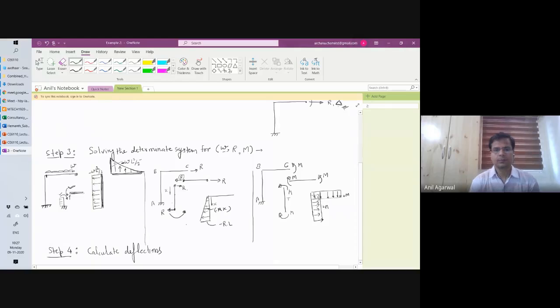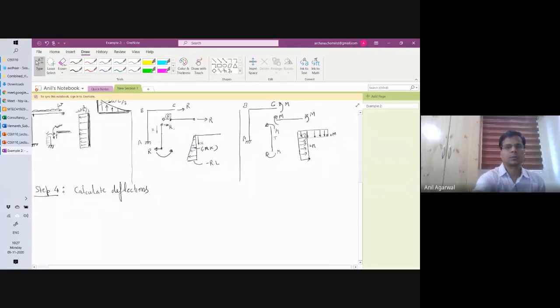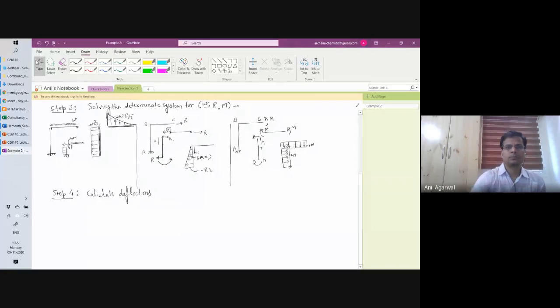Calculate deflections, theta and delta for each.